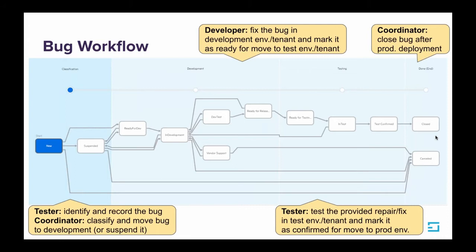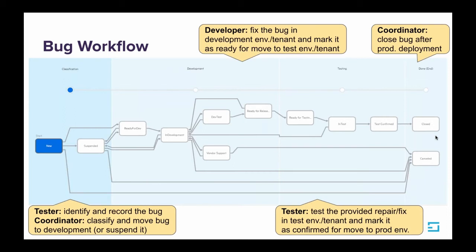And they take it from this phase, and once they start working on this bug, they move it to the in development phase. From this phase, they can suspend it back to classification if we decide together that there is some problem, or there is not enough capacity, or they can solve it with vendor support, because some bugs we are solving together with Micro Focus software support.